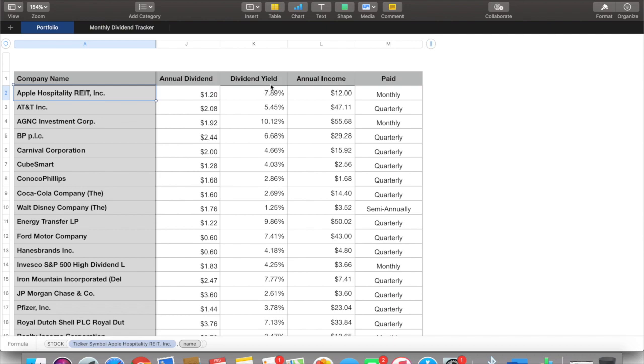And then I own 10 shares. So you would then multiply 10 times the $1.20, because I have 10 shares and they pay $1.20 for each share. I have an annual income of $12, and they pay monthly. So you divide by 12. So 12 divided by 12 equals $1.